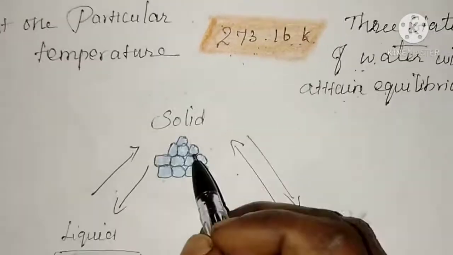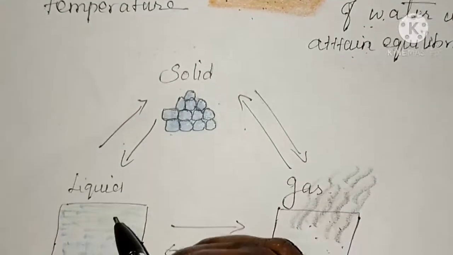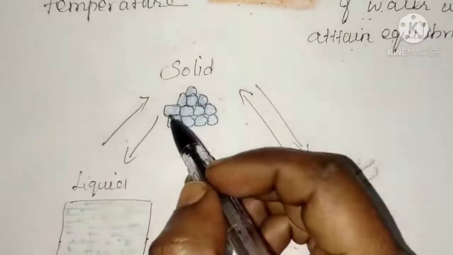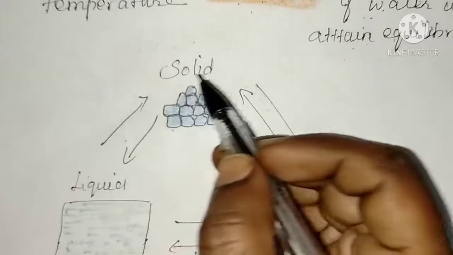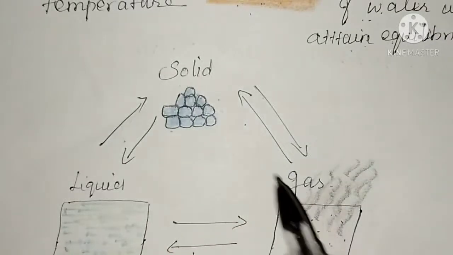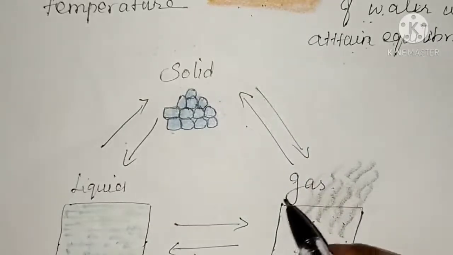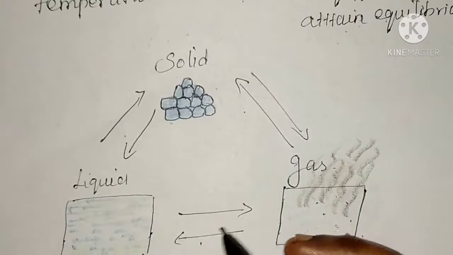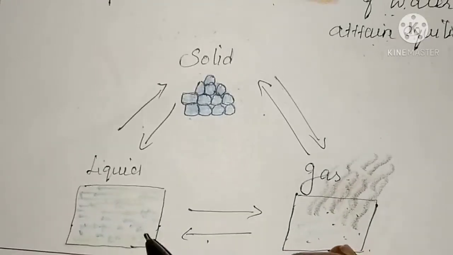So here some solid ice cubes are there, here the liquid, and here the gas. This arrow mark represents that solid will change to liquid, and liquid will change to solid. Here the gaseous state will directly change to solid, and the solid will directly change to gaseous. And here the liquid will change to gas, and gas will change to liquid state.